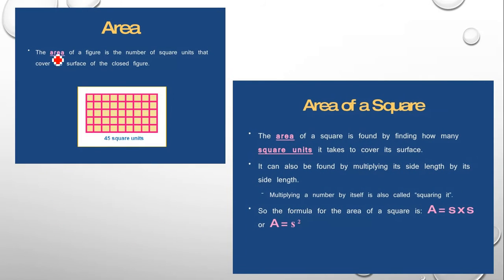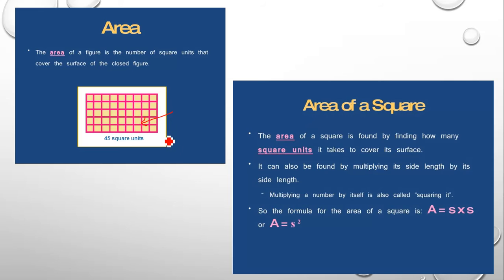Now area. The area of a figure is the number of square units that cover the surface of the closed figure. Now how many square units inside this? That are 45 square units. Area of square. The area of a square is found by finding how many square units it takes to cover its surface.